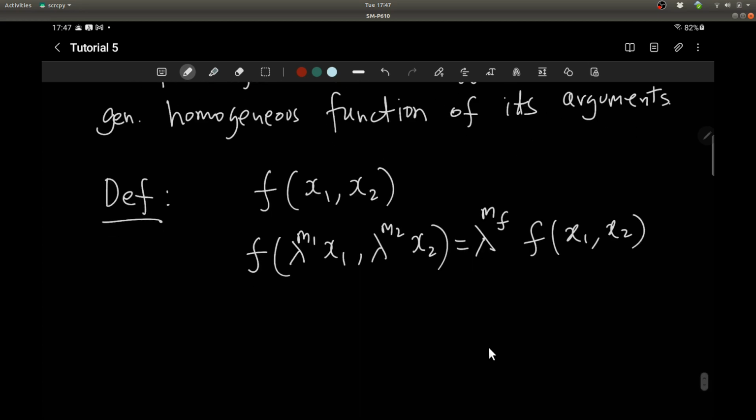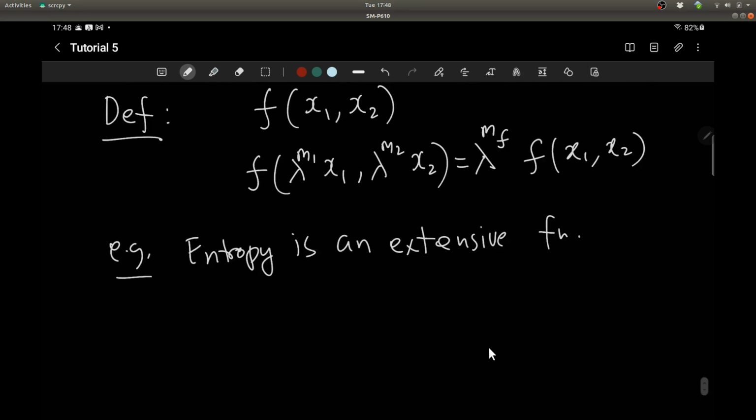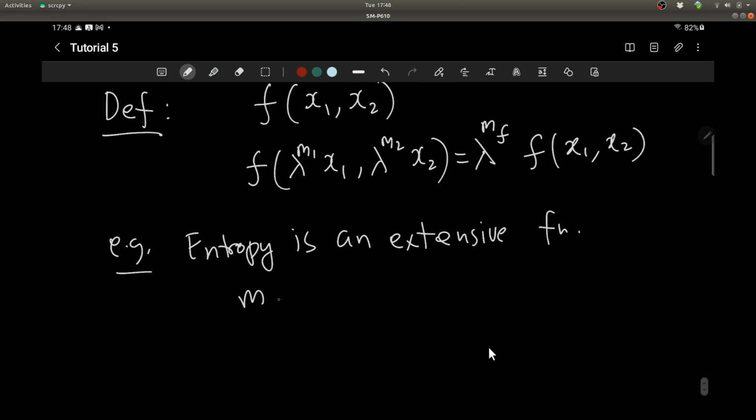Okay, so example is entropy is an extensive function. We write that, right? Here m is equal to 1 for extensive variables.